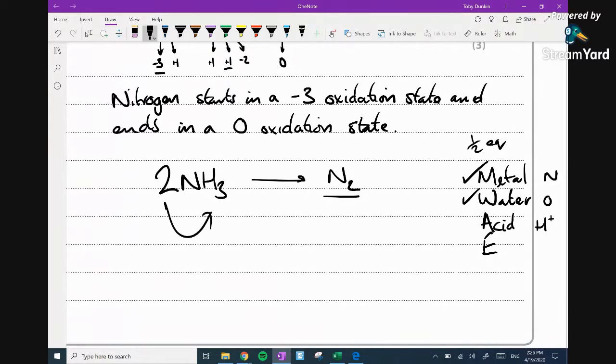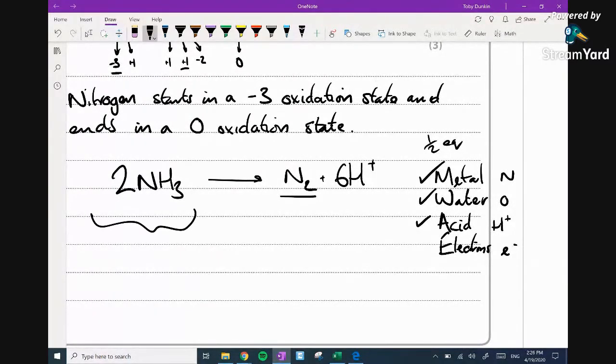I have 6, so I need 6 H pluses over here. Next one, electrons for charge. We've got on this side total charge of 0, on this side total charge of +6, so I'm going to add 6 electrons to that side, and I'm done.